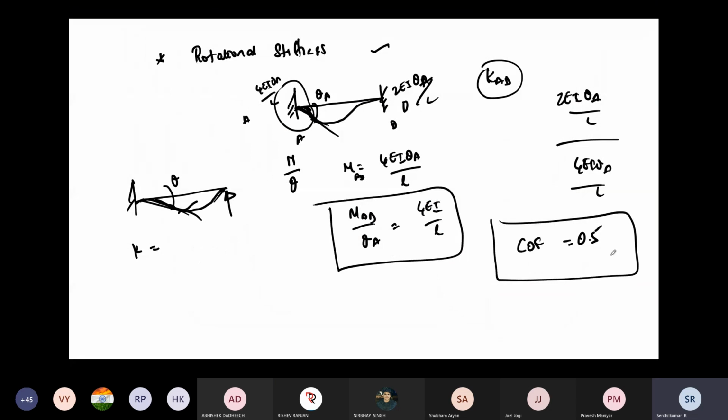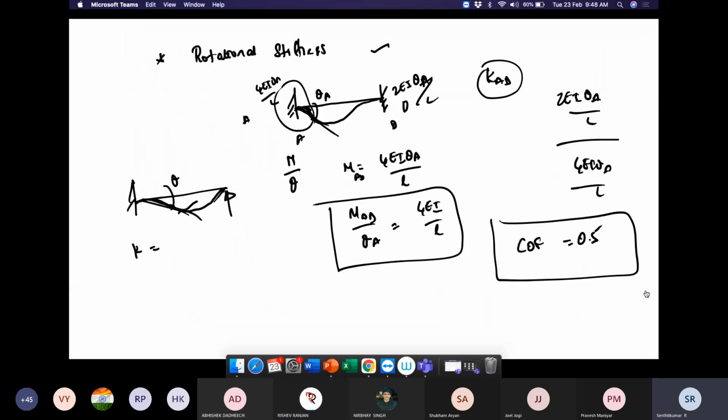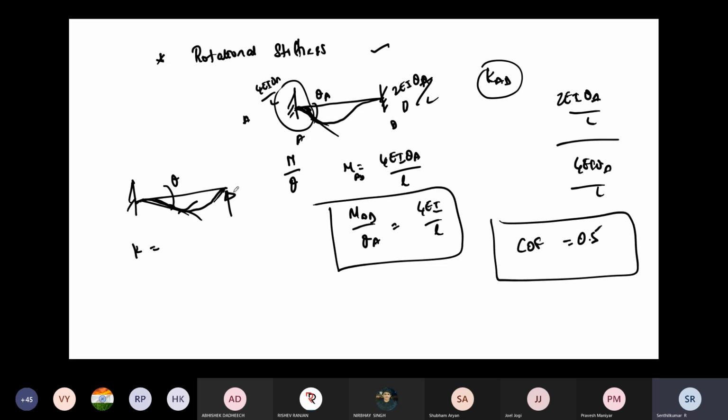Okay, now the question is, if instead of the far end fixed, you have a pin, what will be your K? How much moment will develop at this support? Just guess. I don't want the exact value. Will it be 3EI by L?